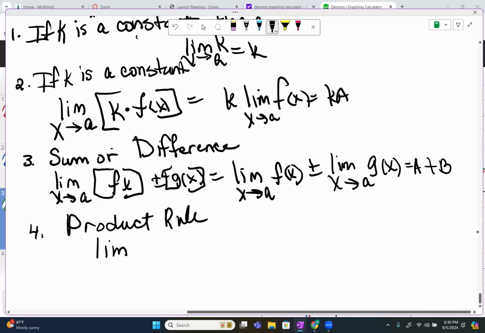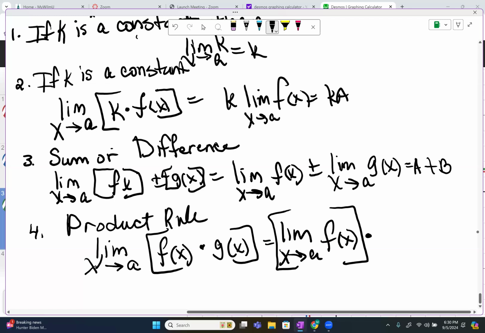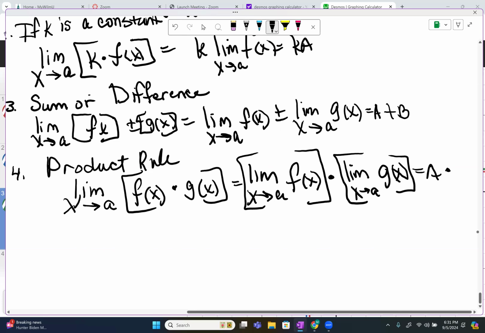In this case, the limit as x approaches a of f of x times some g of x is equivalent to the limit as x approaches a of f of x times the limit as x approaches a for g of x, and that is equivalent to A times B.